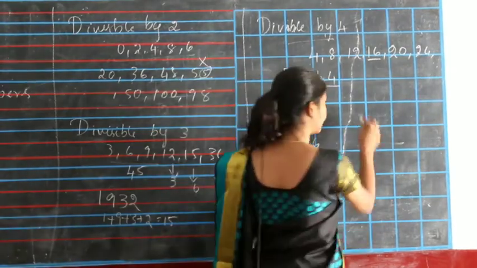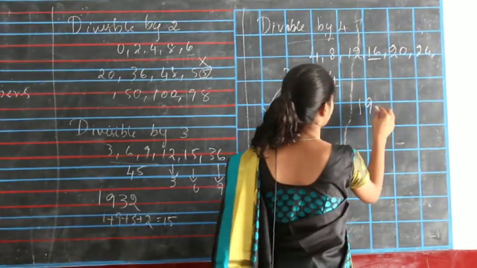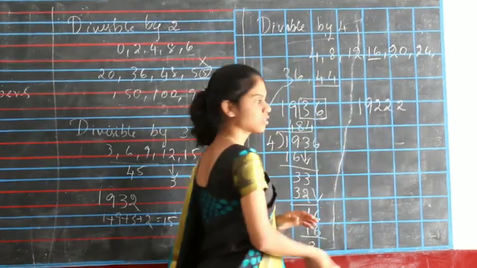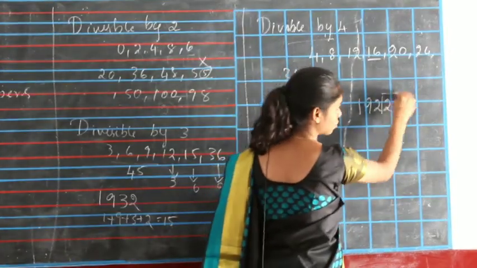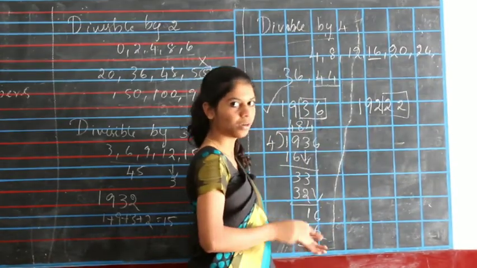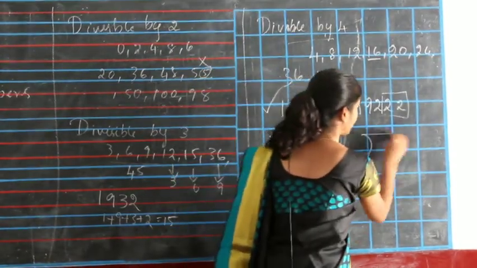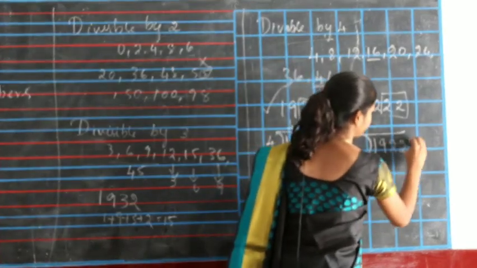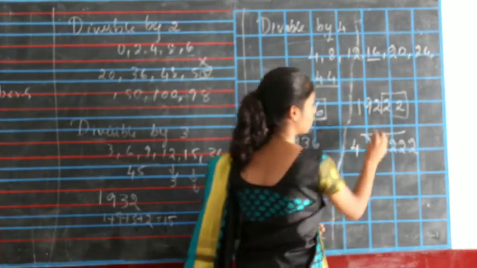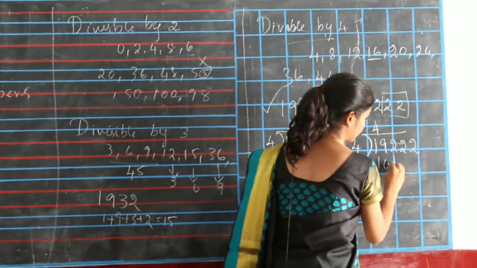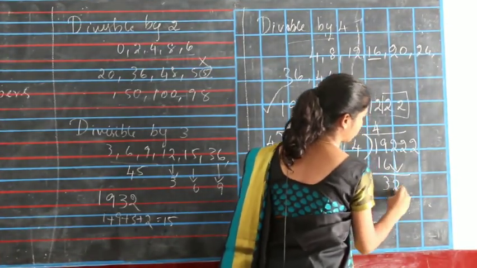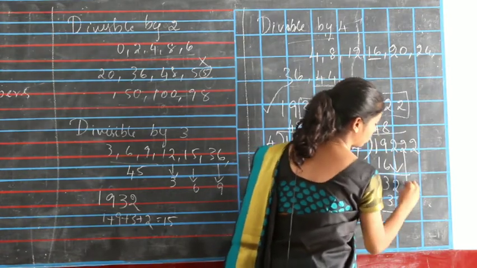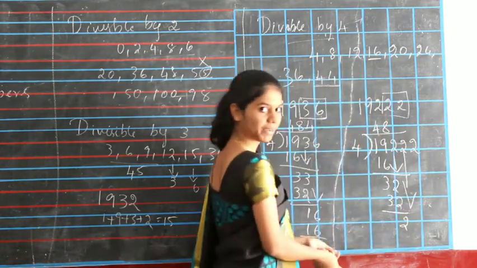Then we'll check another number. For example, 19222. Let's check whether it is divided by 4 or not, since the last 2 digits are not divisible by 4. 4 fours are 16. 3 and 2. 4 eights are 32, and then 2 comes down, which cannot be divided by 4.